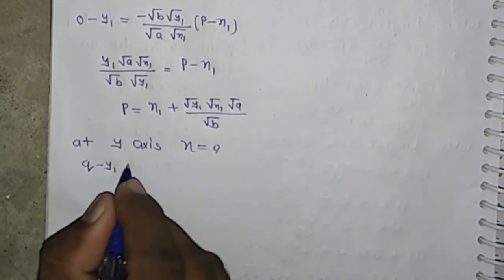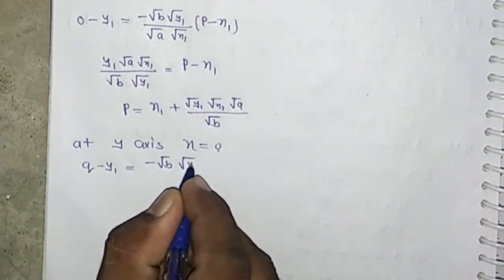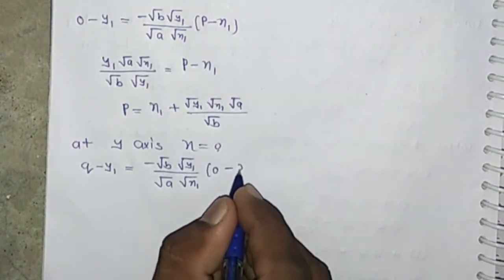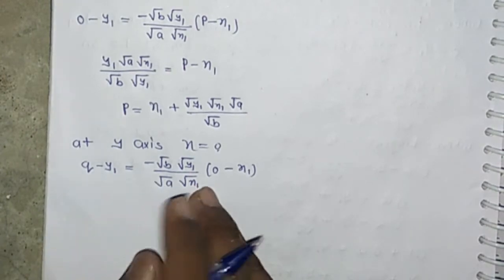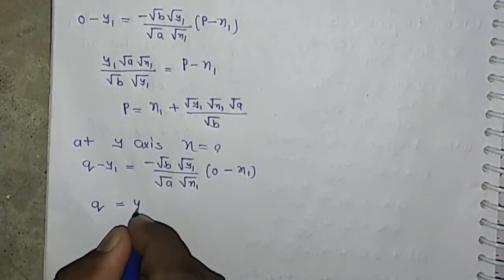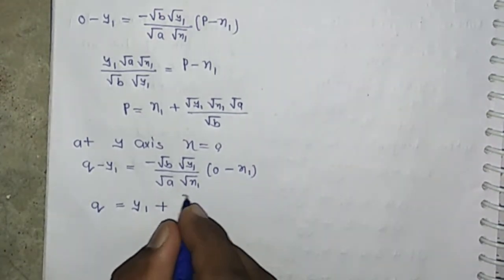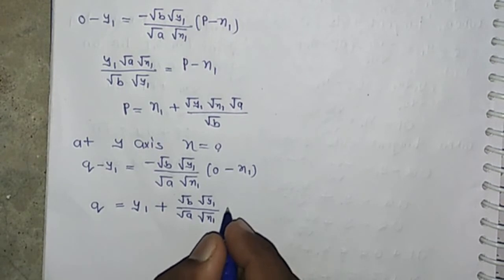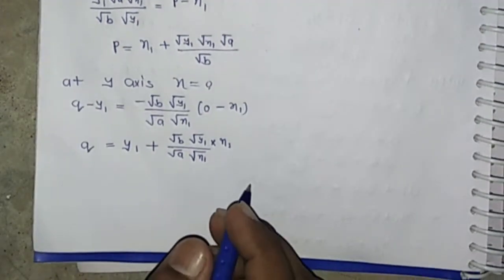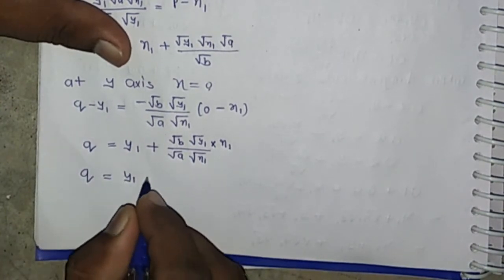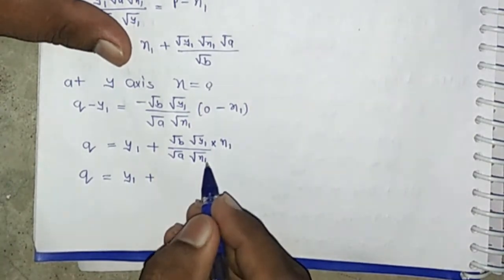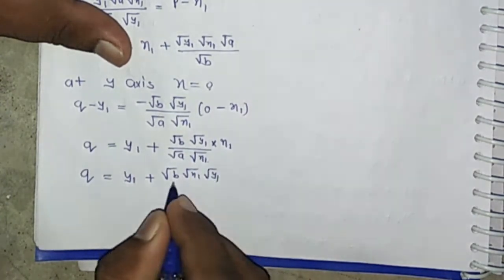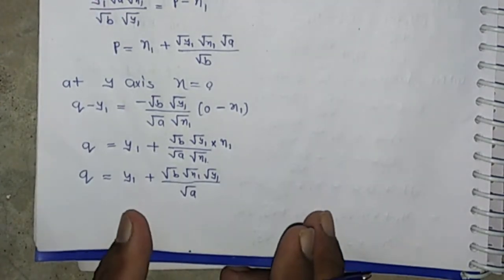Then q minus y1 equals minus root b root y1 by root a root x1 times 0 minus x1, which means q equals y1 plus root b root y1 root x1 by root a, so q equals y1 plus root b root x1 root y1 by root a. This is the value of q.